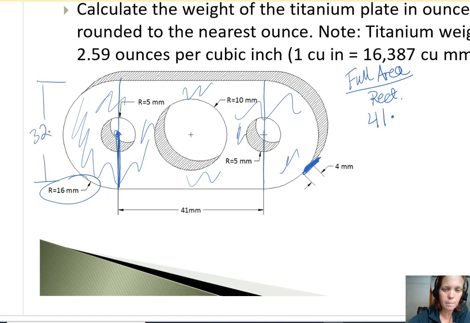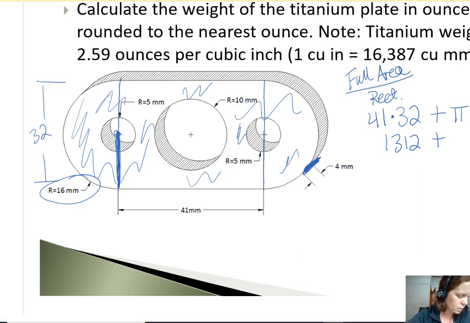We have to double that. So I've got 41 by 32. And then I have 2 half circles, which will make a full circle. So pi times radius squared, and there we're going to use that 16. So the rectangular part, 41 times 32 is 1312. And this is millimeters times millimeters, so we're at square millimeters. And then pi times 16 squared is 804.25.